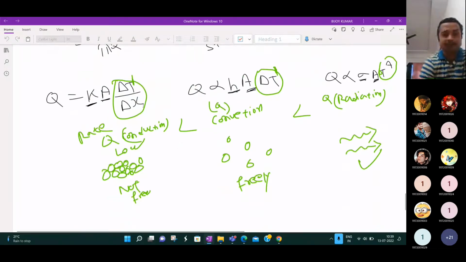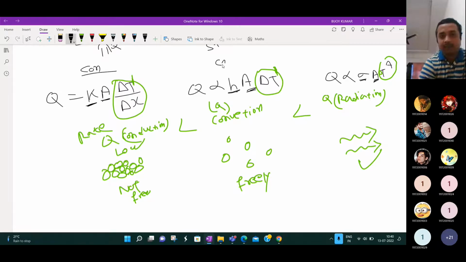So we are discussing the question: in which mode of heat transfer will the rate of heat transfer be higher? Simple question. Either it is conduction or convection or radiation. We have to find Q, in which case it is higher. In all 3 cases area is there, and it is the same.